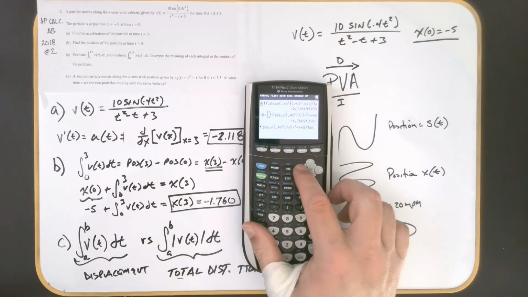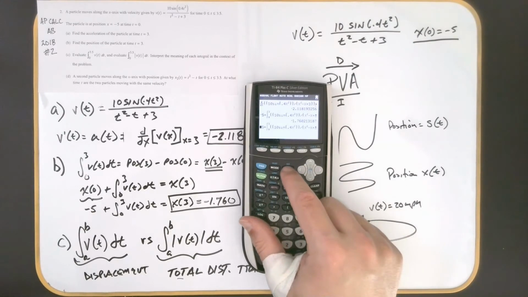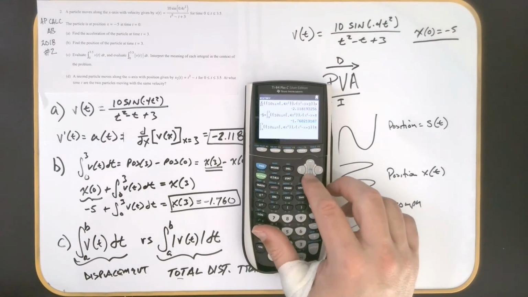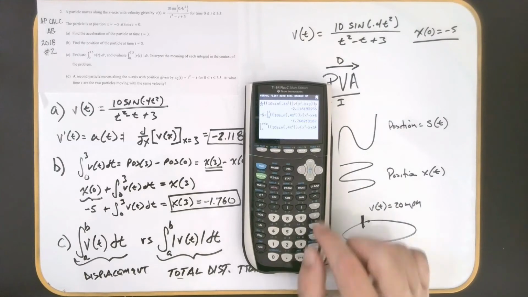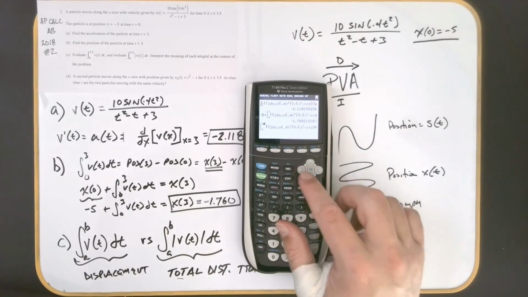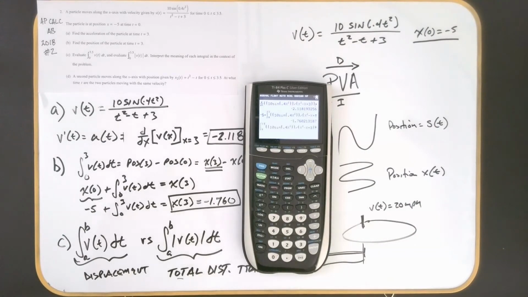So I'm going to backtrack to the beginning of the integral, and I want to get rid of this -5. I don't need that there, so I'm going to delete those 3 things. And then here in the integral, I'm just going to make that 3.5. Make that 0.5, not plus. Okay, so 3.5, let's see what we get.